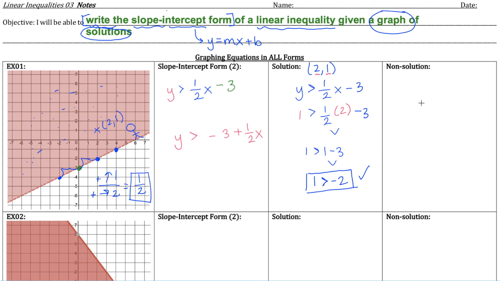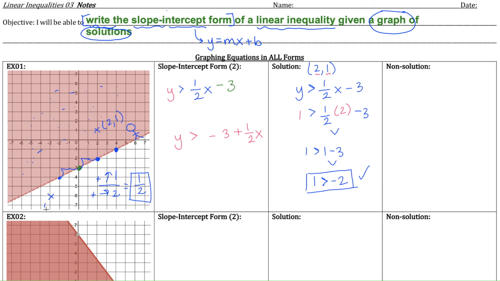Okay, I think that looks better. Cool. Let's take a look at a non-solution. So a non-solution would be like, there's not enough space here, -3, -6. I'm going to make a decimal one just to show you all a decimal one, because I know some of y'all thought you weren't supposed to get them necessarily.